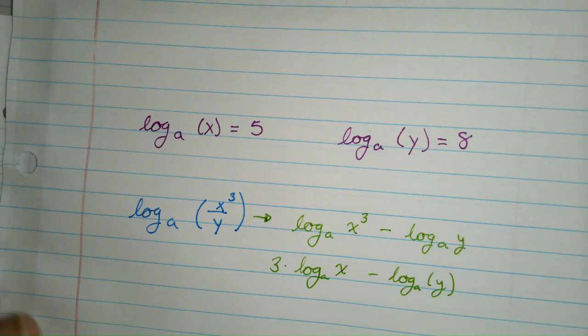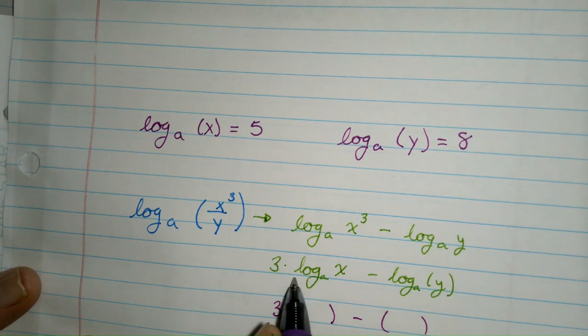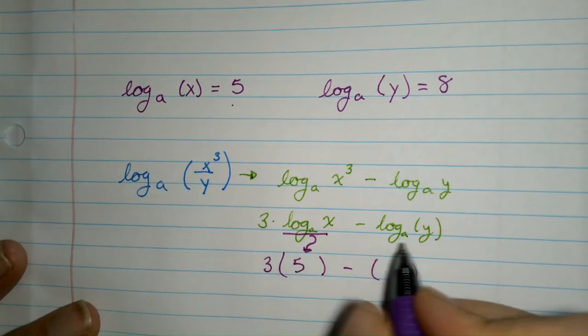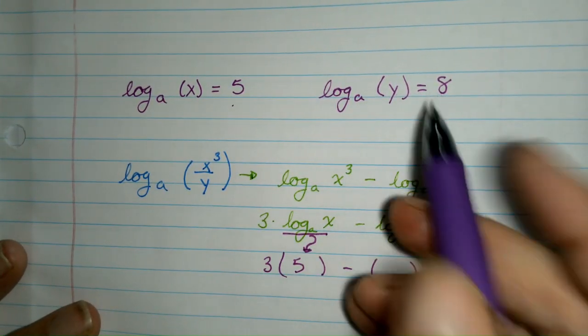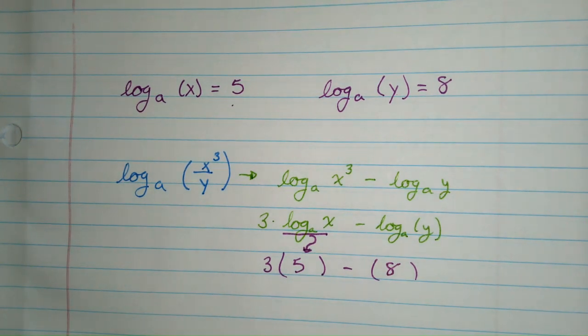Okay, now we're going to substitute 3 times log base a of x, which equaled 5, minus log base a of y, which equaled 8. Well, that problem I can do in my head. 3 times 5 is 15, minus 8 is 7.